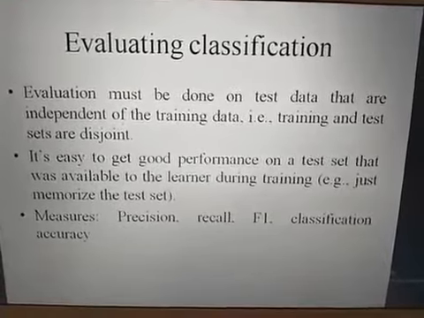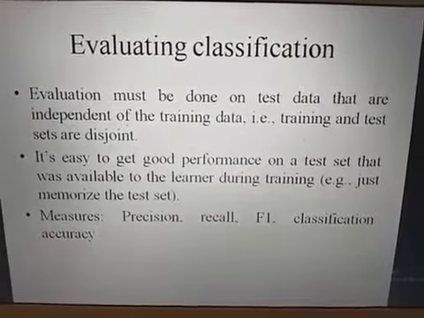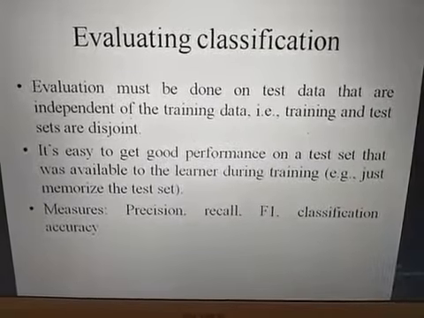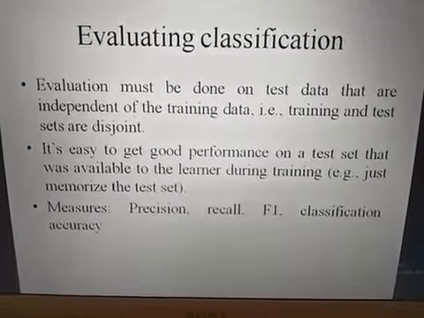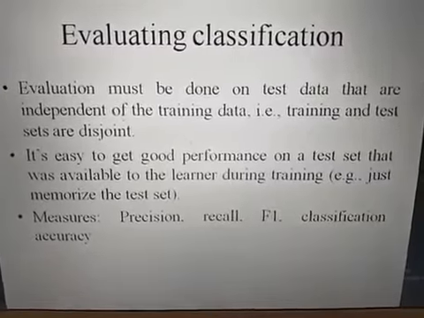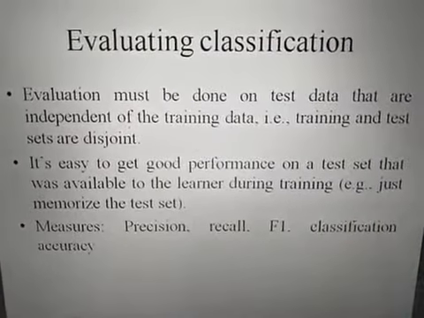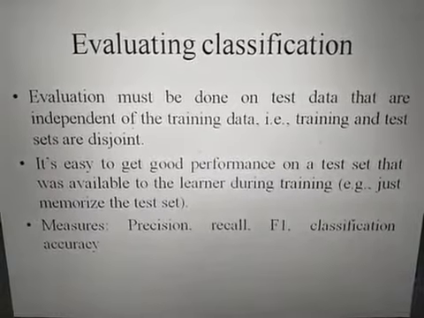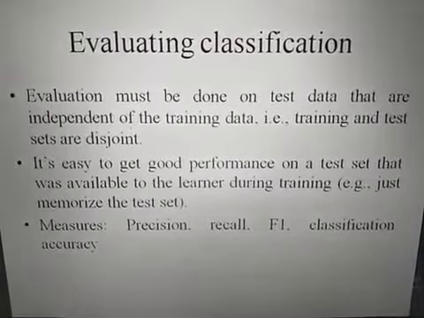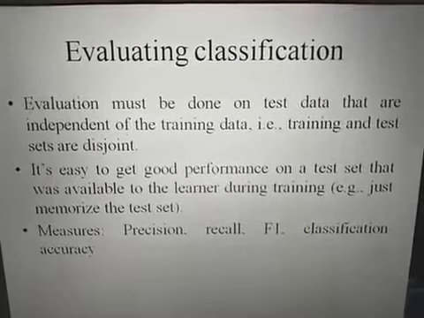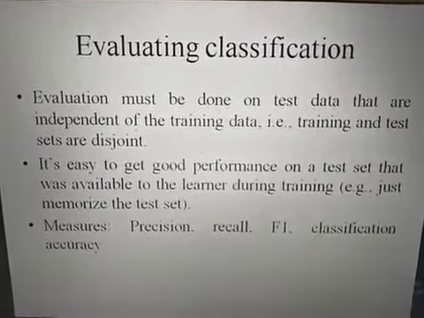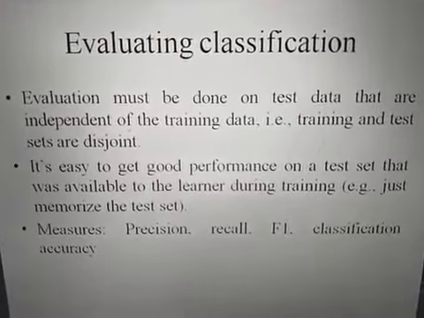Once we have designed the best model considering the training data, we can apply the new test data to the same model to get the best result. For that we can use measures like precision, recall, F1 and classification accuracy.